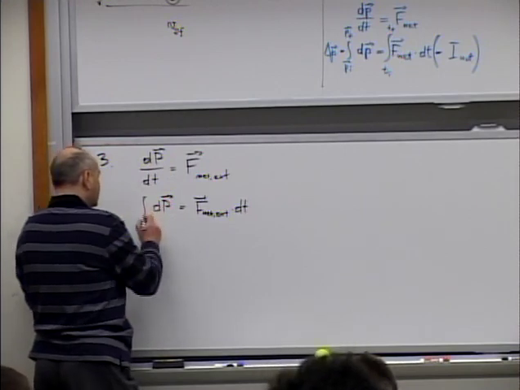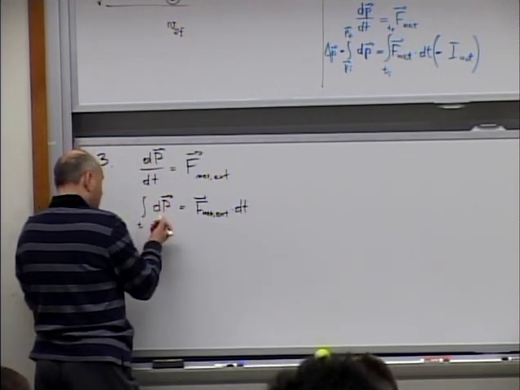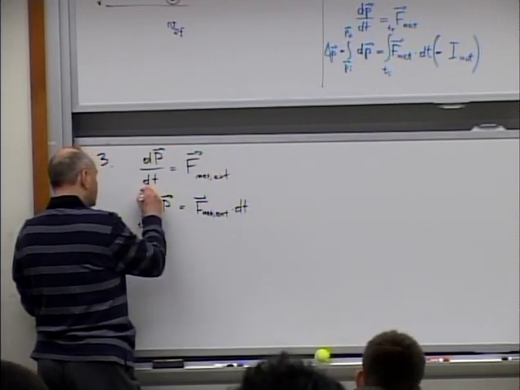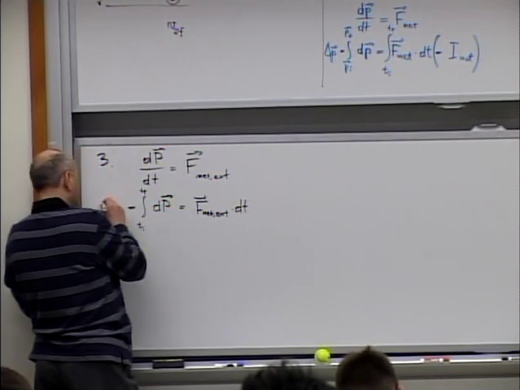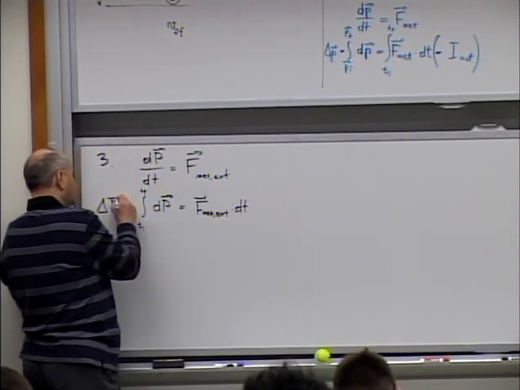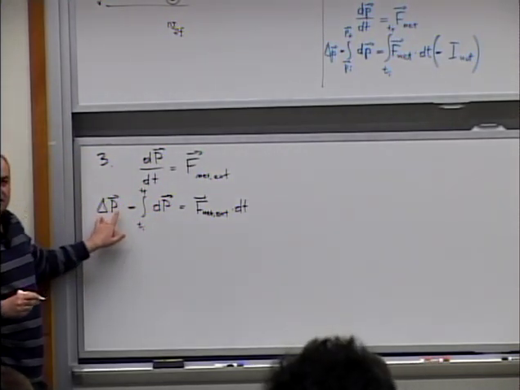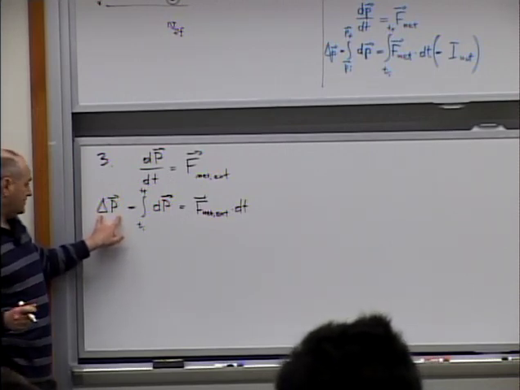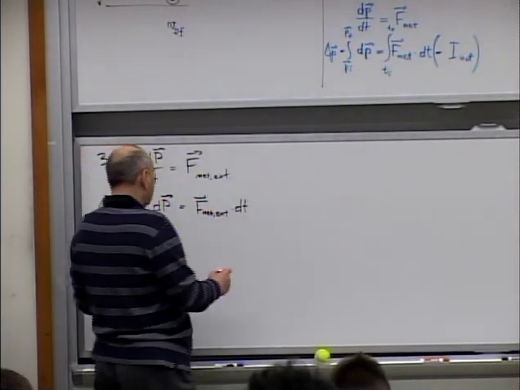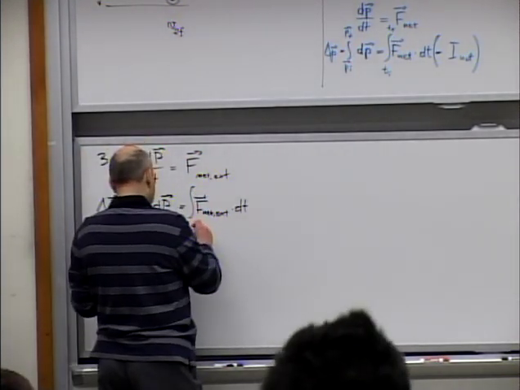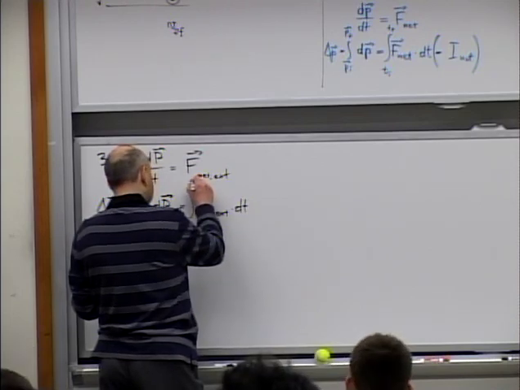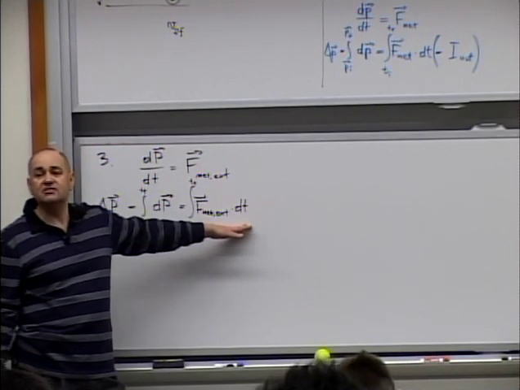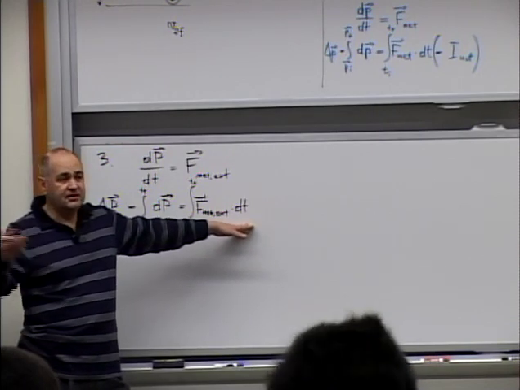Now I will integrate this expression over the period of time in which things happen, so from t initial to t final, which will give me that. What is that? Change in total momentum of the system, correct? And then we'll have integral over here from t initial to t final. We can also recognize that this is net external impulse exerted or delivered to the system.